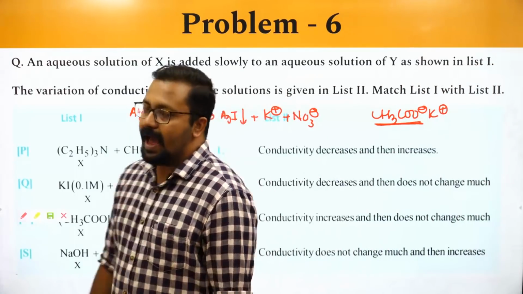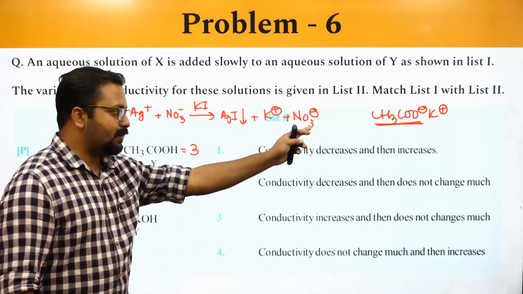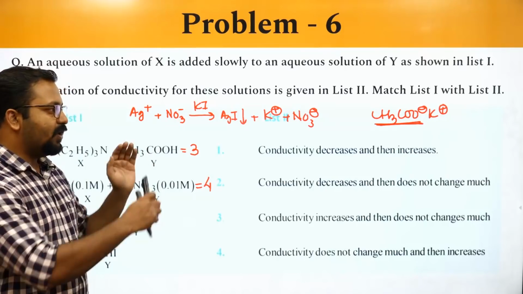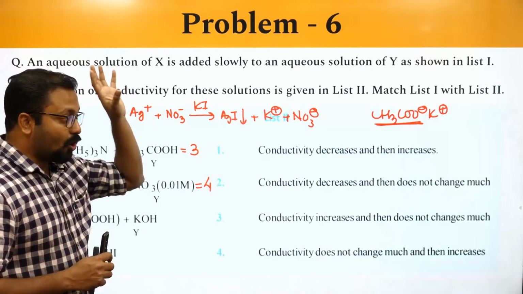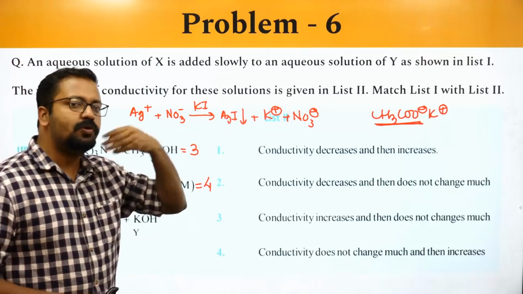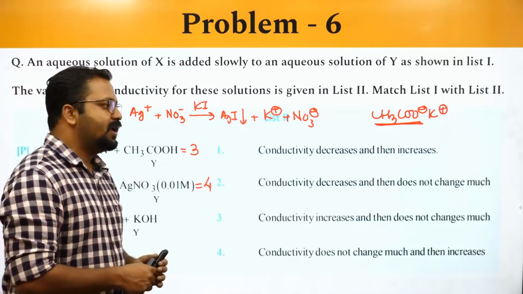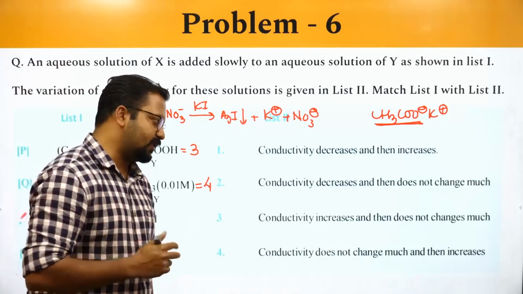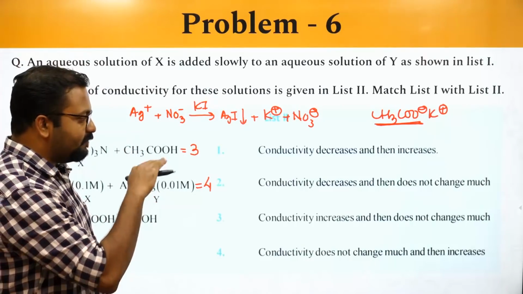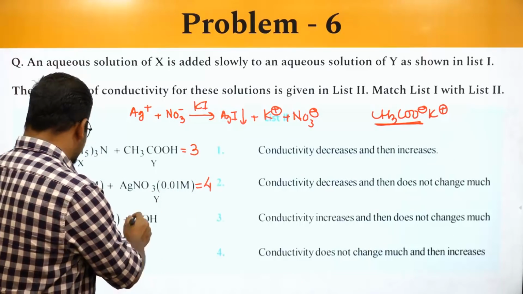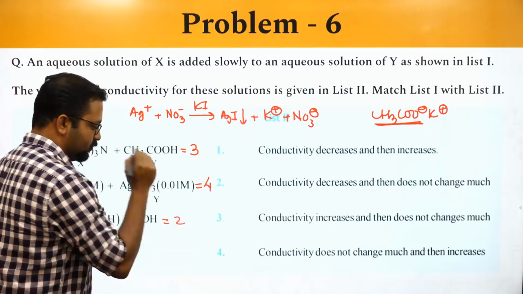It will act as a conjugate base and as a common ion, and will not promote the ionization of newly added acetic acid. So newly added acetic acid is not going to make any difference. So the conductivity decreases and then does not change. Answer for this will be 2.